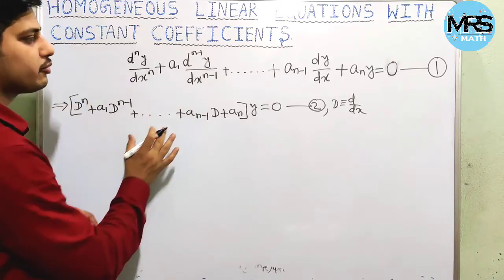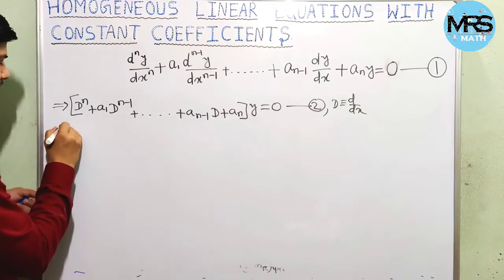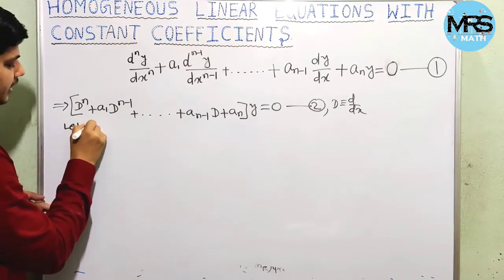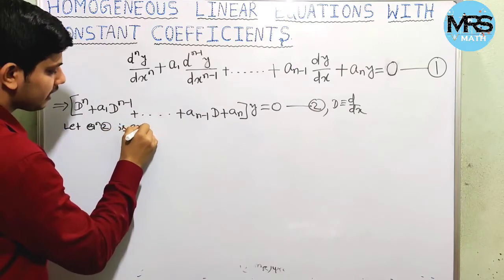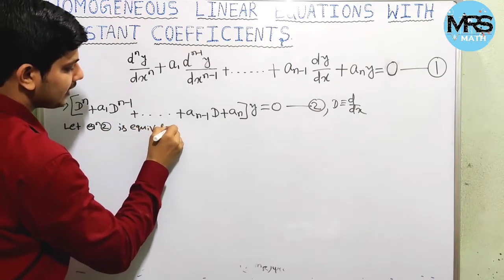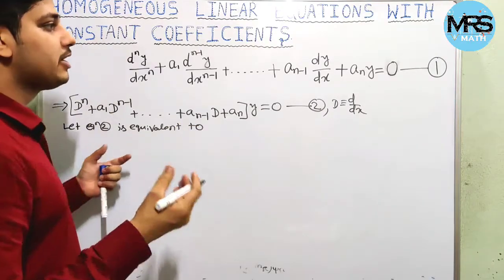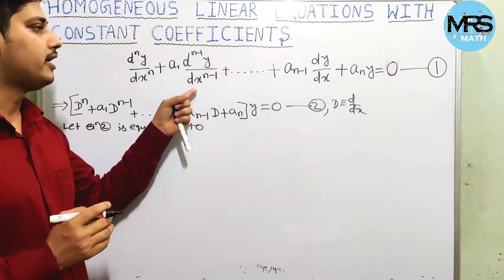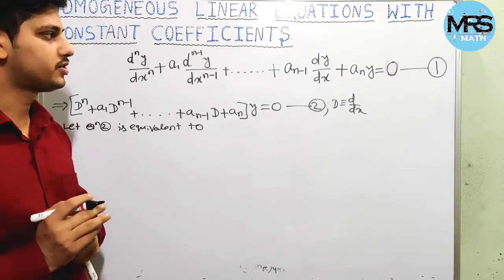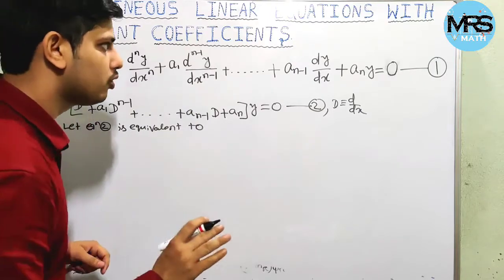So let equation 2 be equivalent to the following. What is our aim, what are we doing, that we should know, right? We are trying to calculate the complementary function of this type of homogeneous linear equation with constant coefficients.